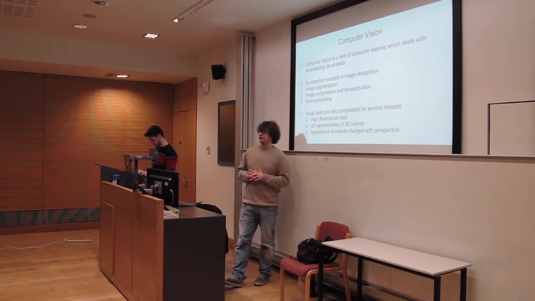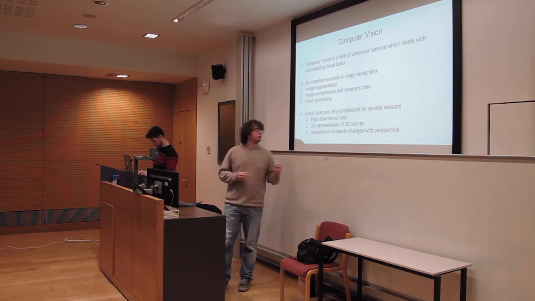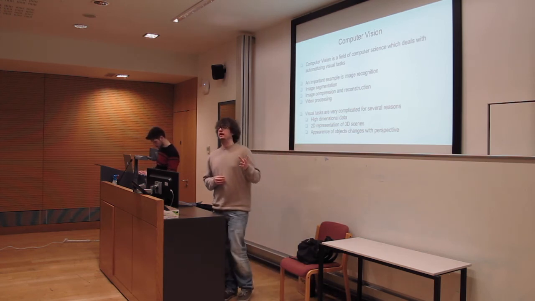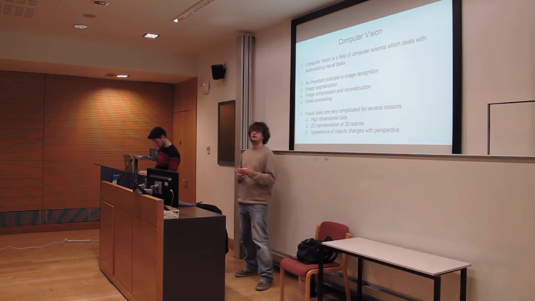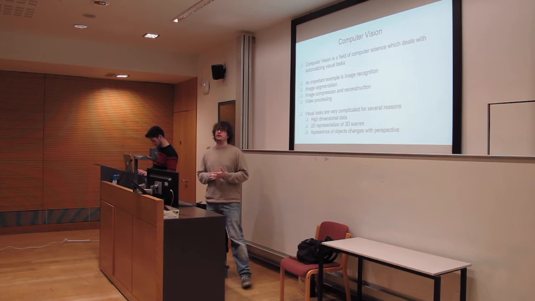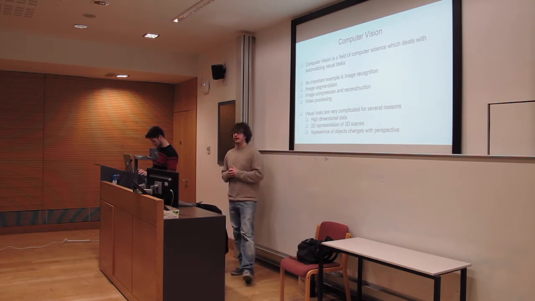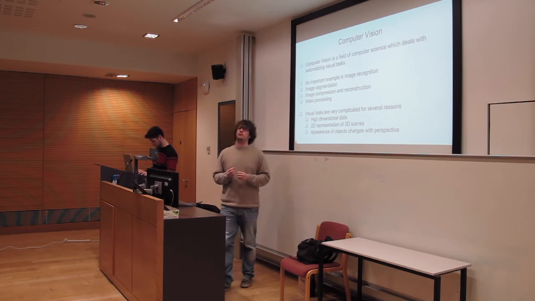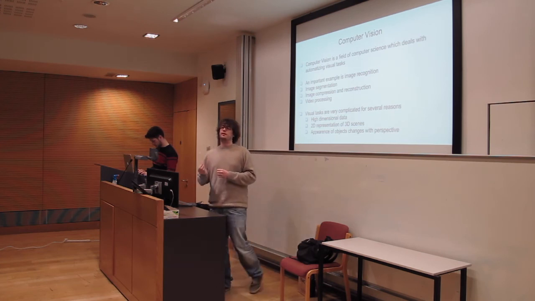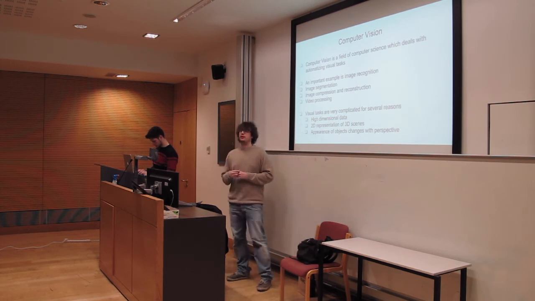And the reason for which you might choose to use deep learning is that you usually have a lot of data, and the problem is, as I said, very complicated. You have high-dimensional data because your image might be very big if it has high resolution, and there are subtle problems such as the appearance of an object inside an image changing, for example, with perspective.